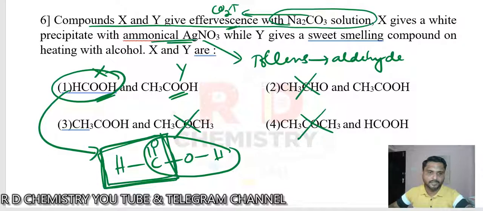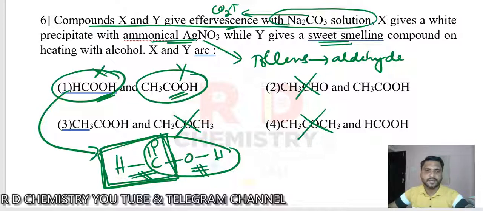Formic acid, methanoic acid, contains both aldehyde and carboxylic acid functional groups, so since there is an aldehyde group, it answers Tollens reagent. Y gives a sweet smelling ester on reaction with an alcohol. You know that acetic acid can react with an alcohol to give fruity smelling esters. So the answer is option number 1.